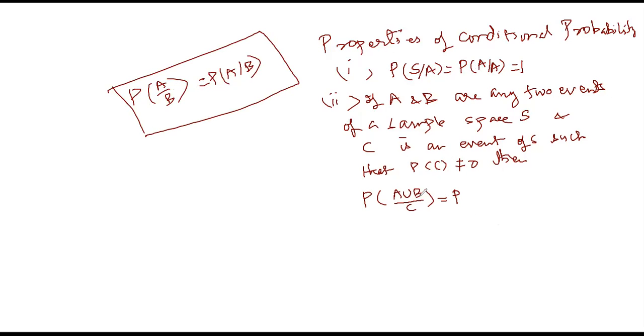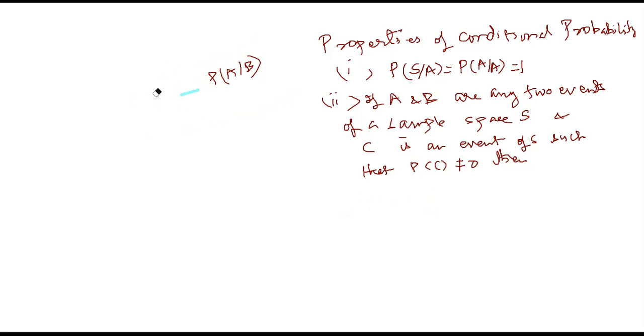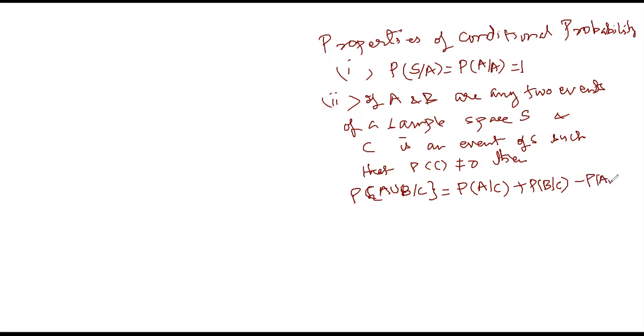The probability of A union B when C has already occurred will be equal to the probability of A when C has occurred plus the probability of B when C has already occurred, minus the probability of A intersection B when C has already occurred. Where there was union, it will come intersection.